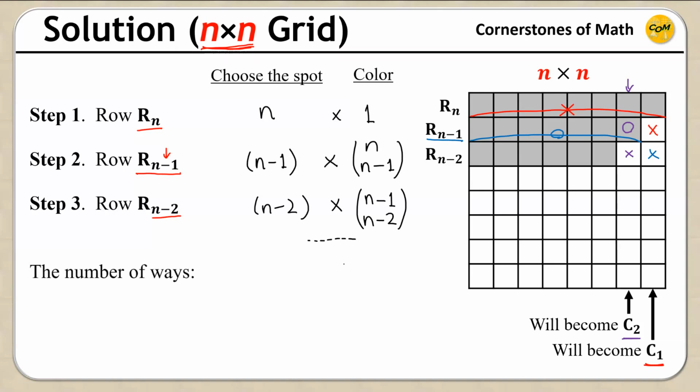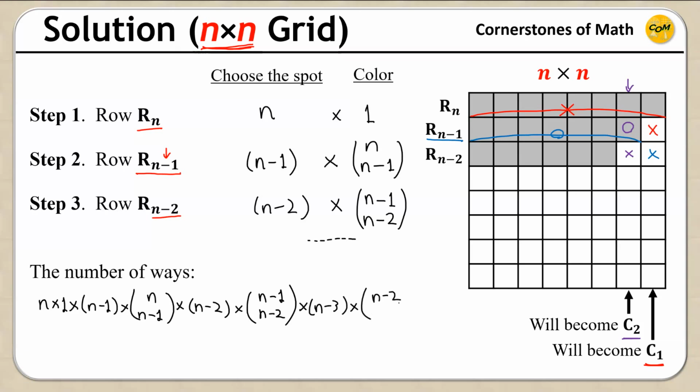If we multiply them all, the number of cases is n times 1 times n-1 times n choose n-1 times n-2 times n-1 choose n-2, and naturally the next thing will be n-3 times n-2 choose n-3, and we go on until we have in the end 1 times 2 choose 1, for the very last row R1.